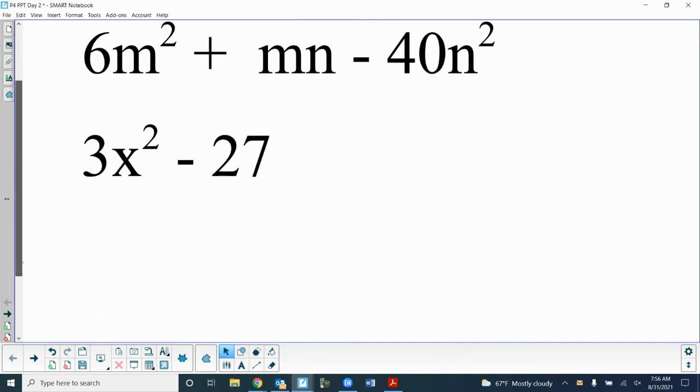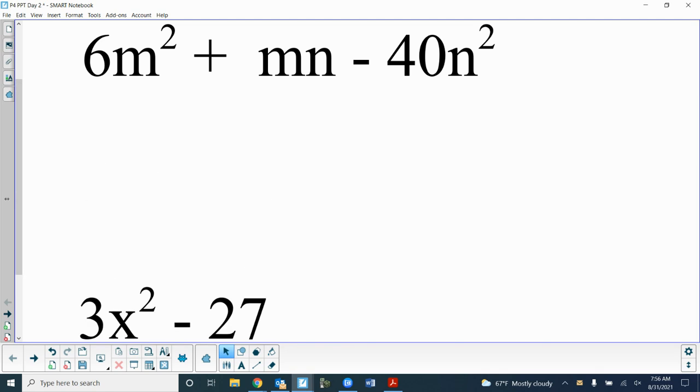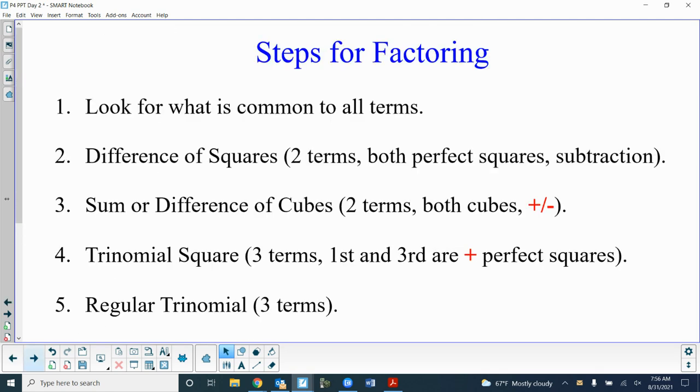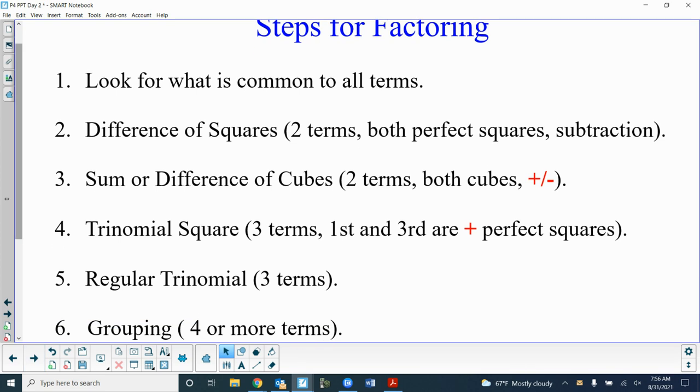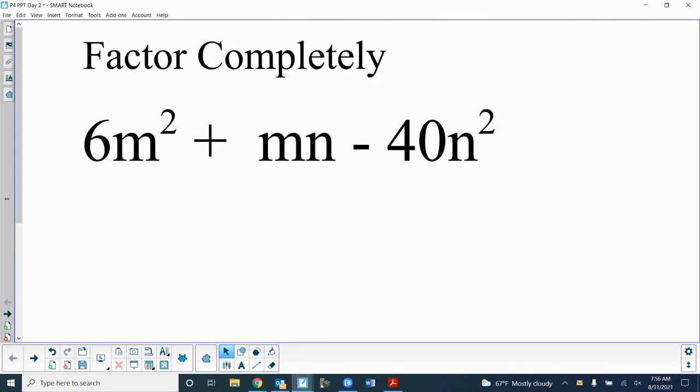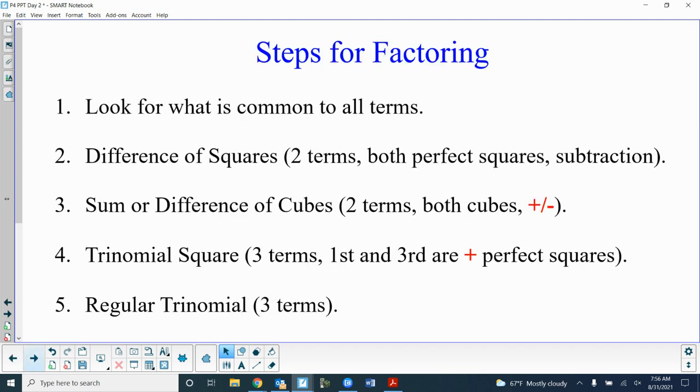All right. So this first one, again, here's our steps for factoring, right? What do we always look for? The greatest common factor, right? A GCF. So is there a GCF? No. No GCF. All right. So what's number 2? Difference of squares.